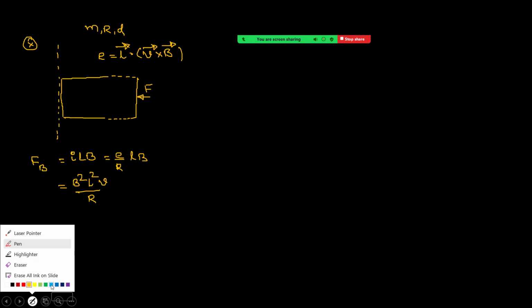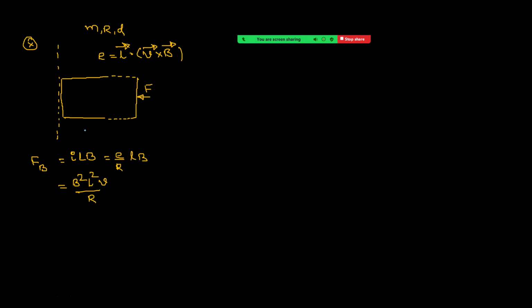Cross check once. First, we have to focus on in which direction the current is flowing. Is it clockwise or anti-clockwise? So here, when this loop is entering, because of the increase in area, flux is increasing. Because of the increase in flux, current is flowing.